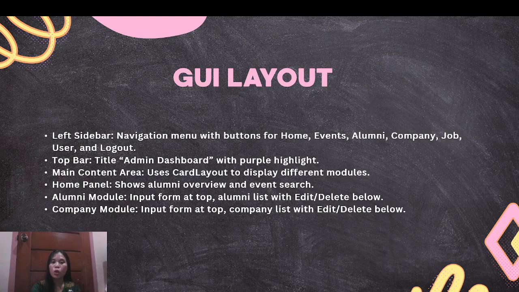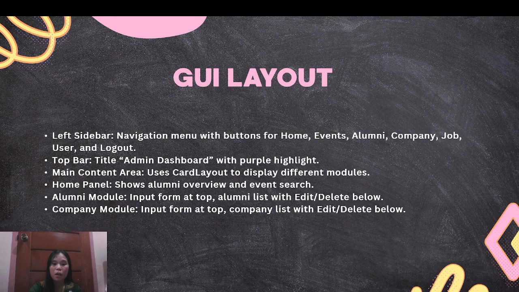Next, we have the GUI layout. The left sidebar allows navigation across home, alumni, company, jobs, and user. The top bar highlights the admin dashboard. In the home panel, alumni overview and events are shown.